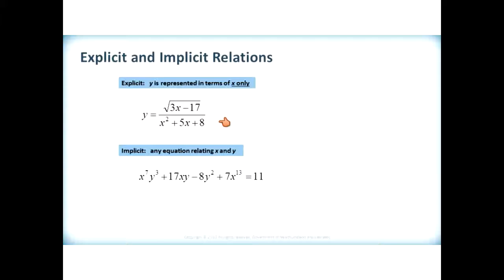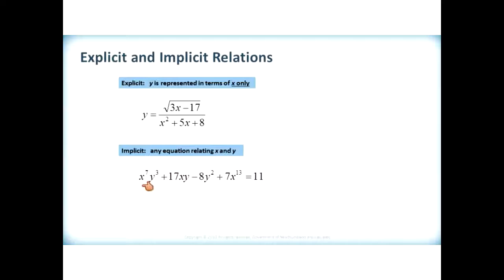But not all relations are functions, just like not all rectangles are squares. So we've got to take a look outside the box a little bit here. We can also represent relations implicitly, which can be any equation at all that relates x and y and doesn't necessarily have to have one of our variables isolated.